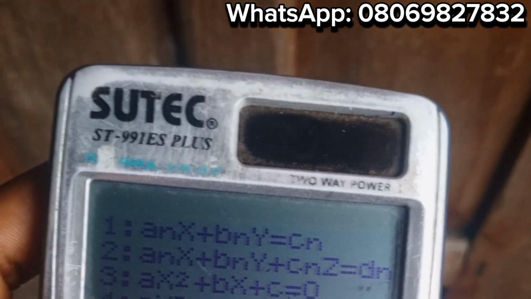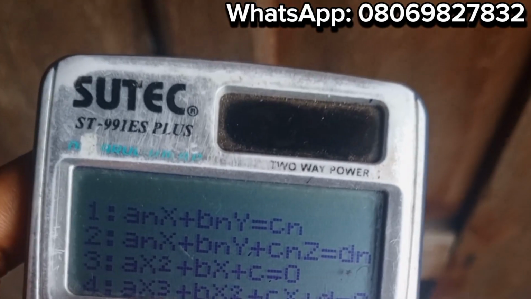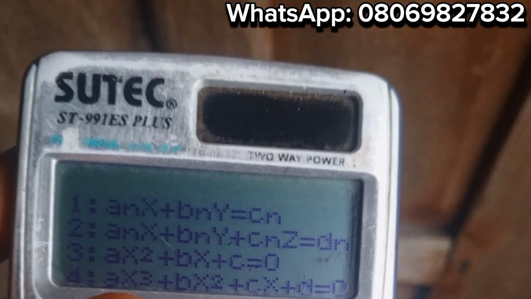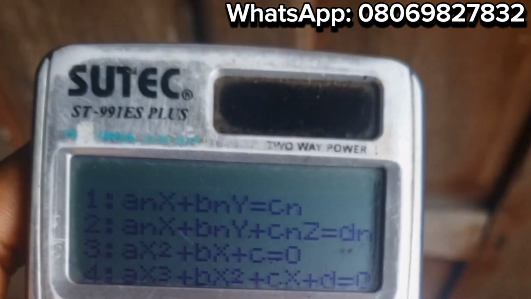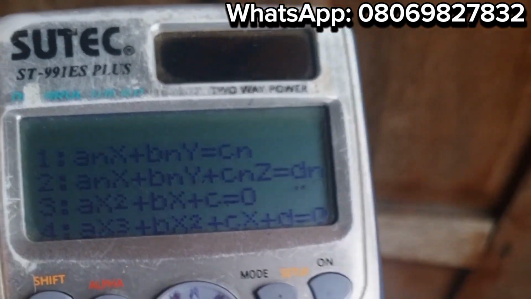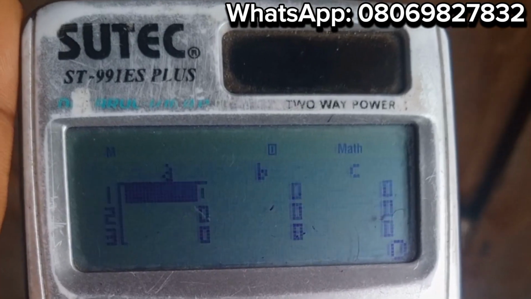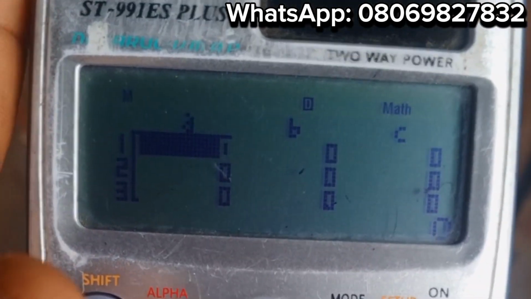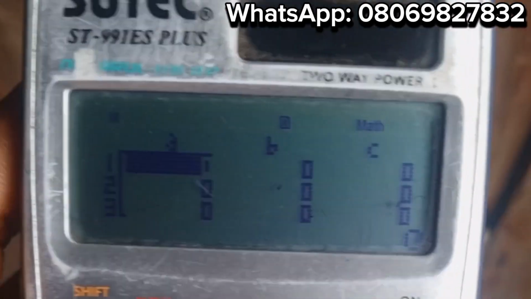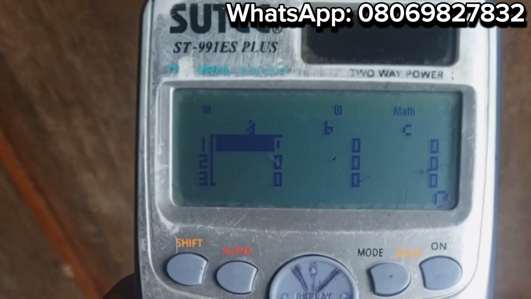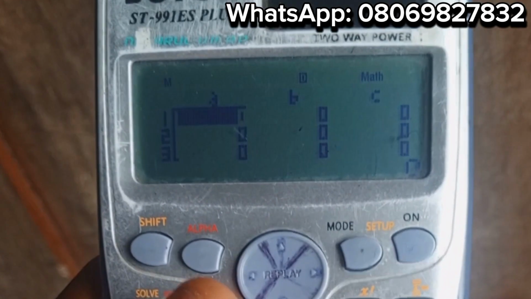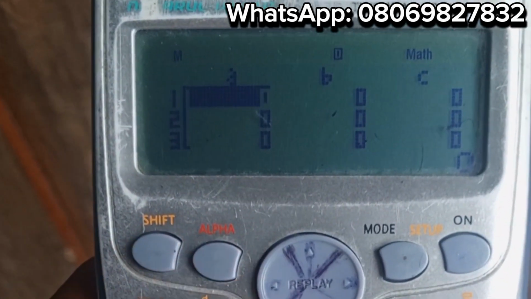Your number 3 is having ax raised to the power of 2. When we see something like that, we are talking about a quadratic equation, but that's not our interest. Our interest is the simultaneous equation. So you punch 2 on your calculator. Now it takes you to this window where you are going to put all your figures.